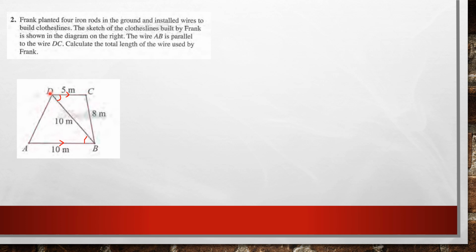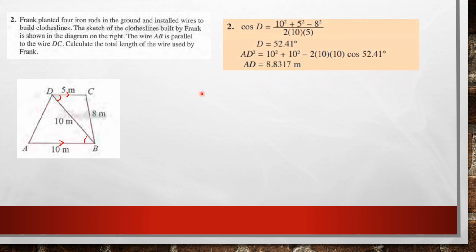So you can see the zigzag here, AB to CD. Since both CD and AB are parallel, the angle B here and the angle D here are equal, same. So you can find the angle D first.